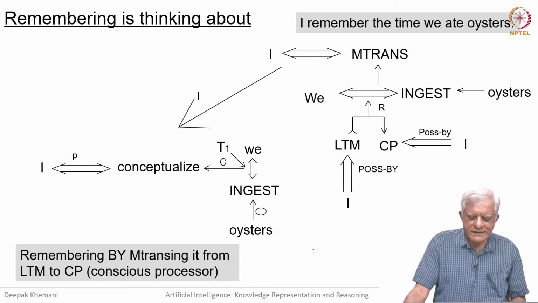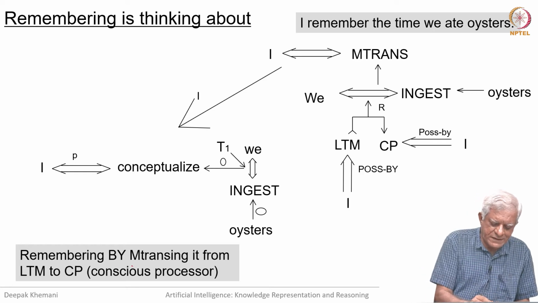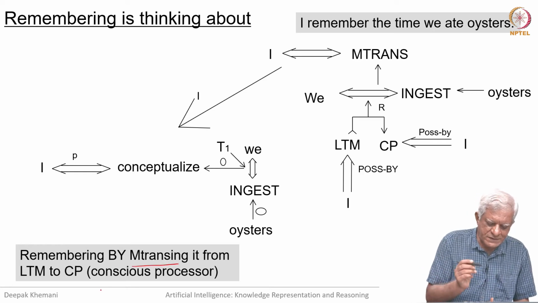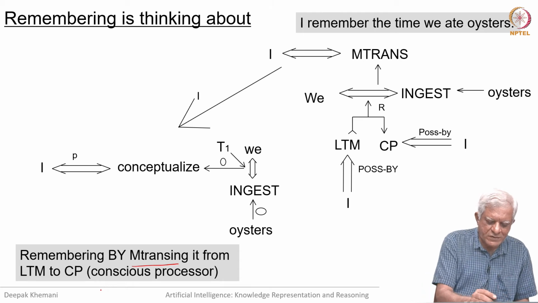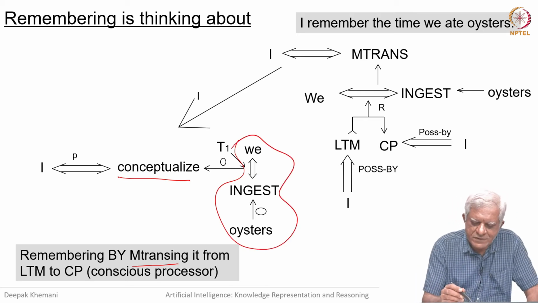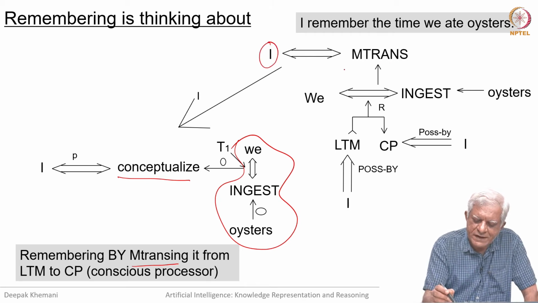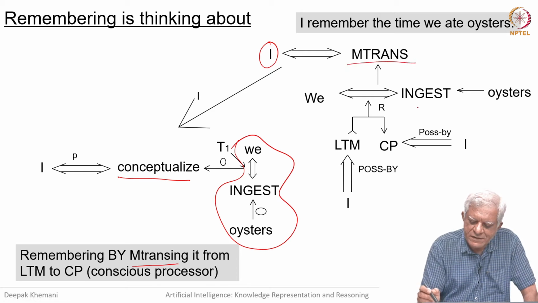So, remembering is thinking about essentially. So, I remember the time we ate oysters. Remembering is by entrancing it from long term memory to conscious processor. So, I conceptualize that we ate oysters, and the instrumental act for doing this was that I entranced the fact that we ate.